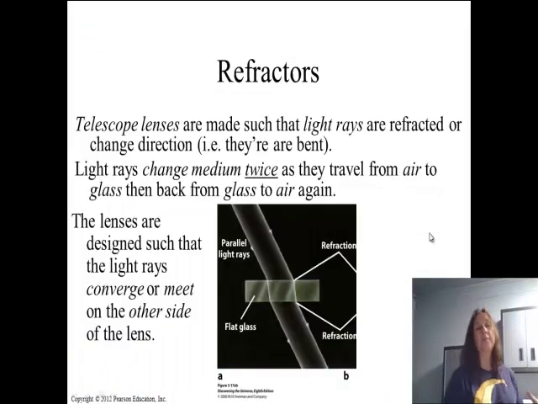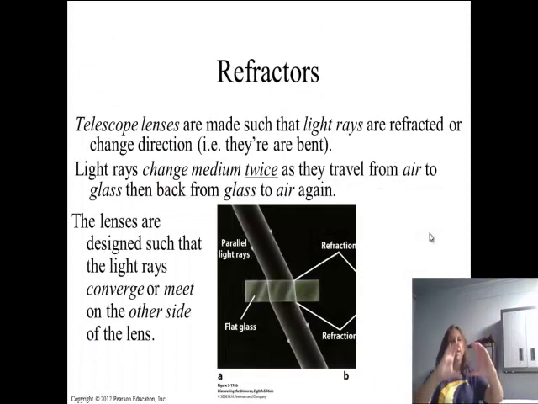Okay, so refracting telescopes then use lenses, and I think I mentioned that basically they bring the light back to a focal point behind them. The term refraction means to bend light.